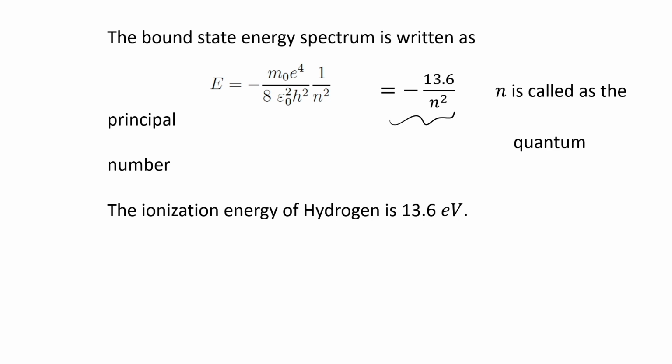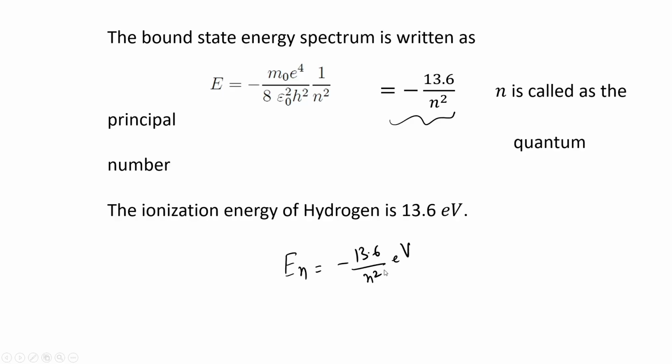So, that tells you that the energy level of a hydrogen atom is minus 13.6 by n square electron volt. So, if you give 13.6 electron volt when the electron is in the ground state of the hydrogen atom, it will escape. That means the hydrogen atom will lose that electron and will become an ion. So, that is called the ionization energy of hydrogen.